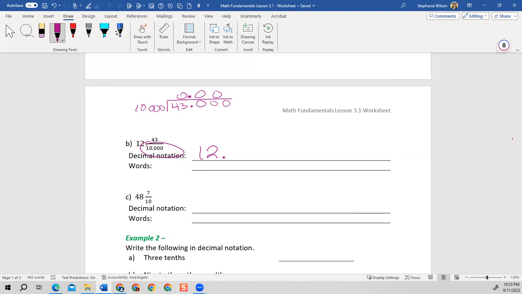So 4 times that 10,000 is 40,000. Subtract, bring down the 3 and the zeros here, and then I'm going to bring down another 0. Now, how many times will 10,000 go into 30,000? 3 times. So 3 times that 10,000 gets me 0.